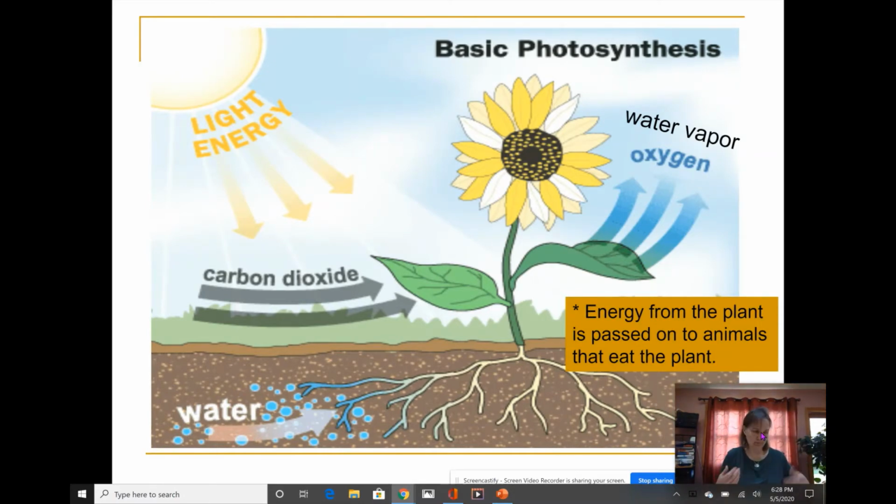So I want you to draw a picture of a flower, making sure it has leaves. I'm going to have a little line for the ground, soil, make sure I got my roots. Okay, and I'm not done.